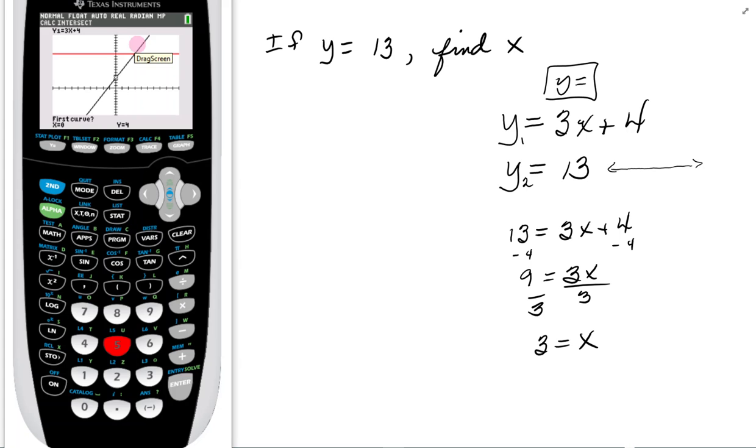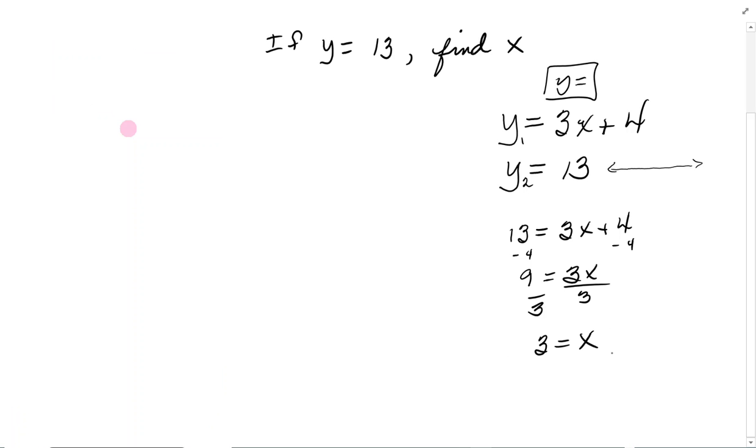Many times when I do intersections, I use either the up or down arrow to move on the horizontal line because it's usually a shorter distance. It is not a requirement. All right, so I think I'm close to the intersection. How many times do I press enter? 3 times. 1, 2, 3. It says when x is 3, y is 13. And sure enough, I did get x was 3 over here.